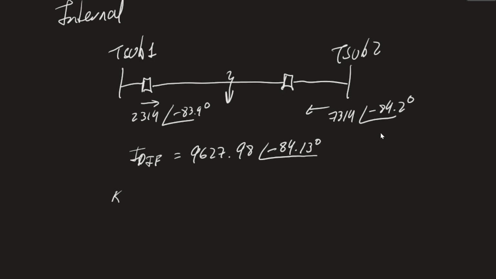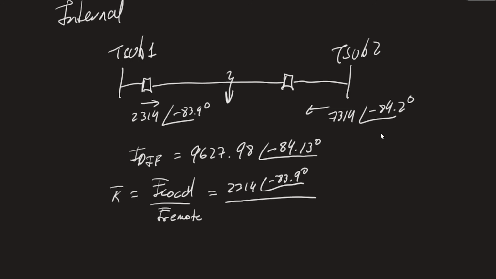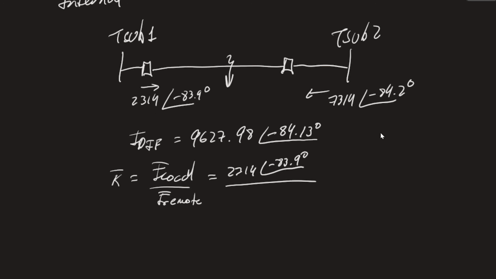We can calculate the phasor K as the same thing. So I local divided by I remote, which in this case, for the internal fault case is 2314 angle minus 83.9 degrees divided by I remote, which is 7314 angle minus 84.2 degrees.